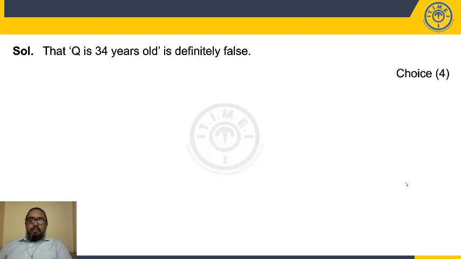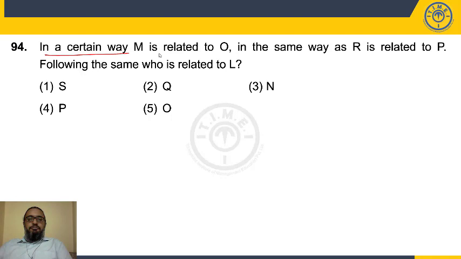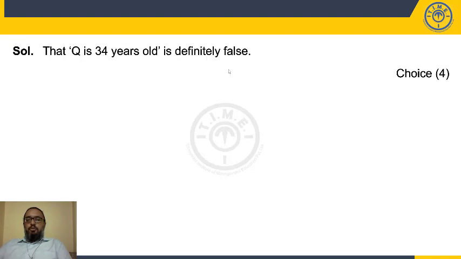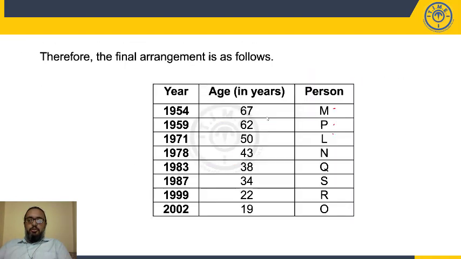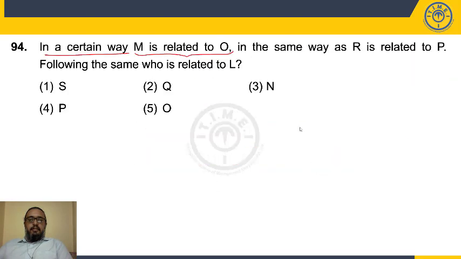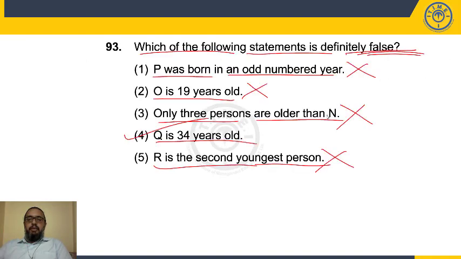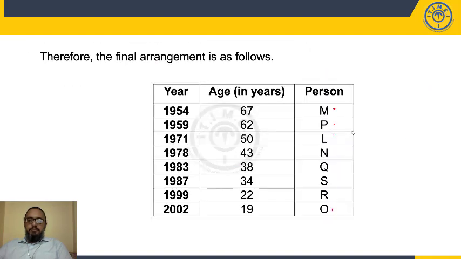And then, in a certain way M is related to O. So let us see how M is related to O. M and O are the extreme positions, first and last. Then in the same way, R is related to P. Let us check R and P. R and P again are the extreme positions: second from the bottom and second from the top.